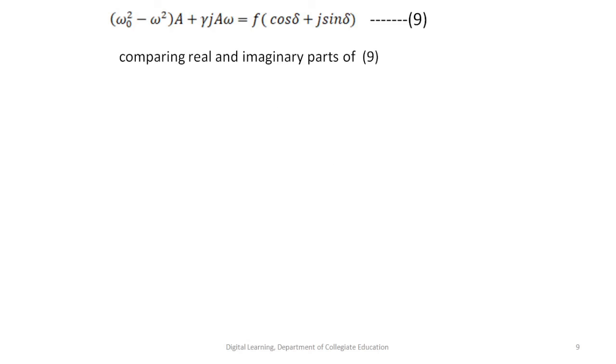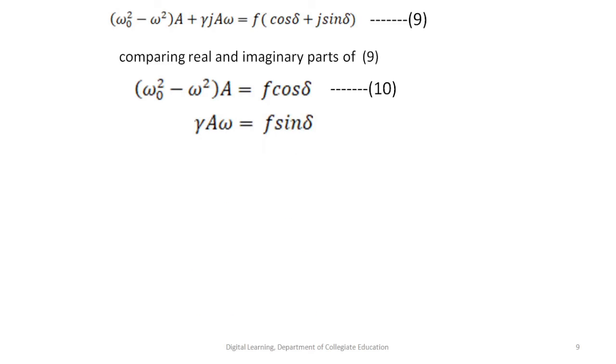Comparing real and imaginary parts of 9: on both the right hand side and left hand side we have a real part as well as an imaginary part. Comparing them, we have omega naught square minus omega square into a is equal to f cos delta. Call this equation 10. This is the real part, and the imaginary part is nu a omega is equal to f sin delta. That is the imaginary part. Call that equation number 11.